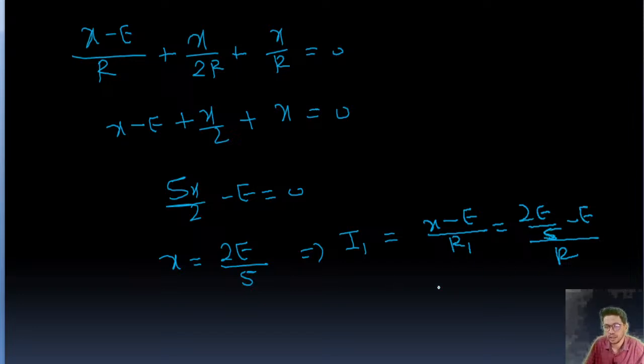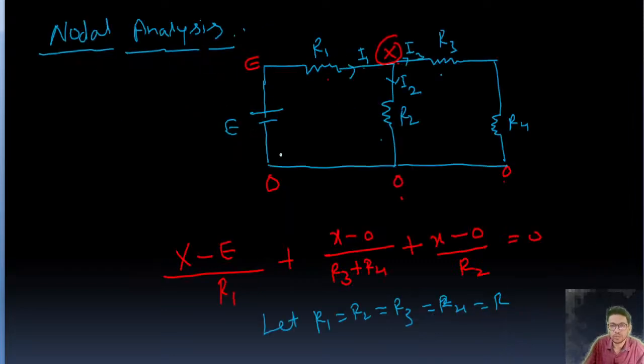We solve it, so minus 3e upon r, minus 3 upon r. Okay, so you can see we are getting a negative sign. Suppose the direction is like this. Because of the minus, the actual direction of I1 is this.